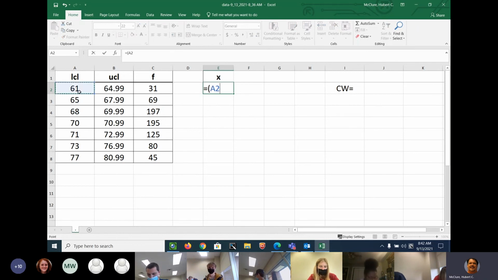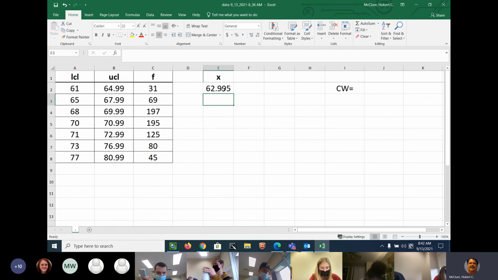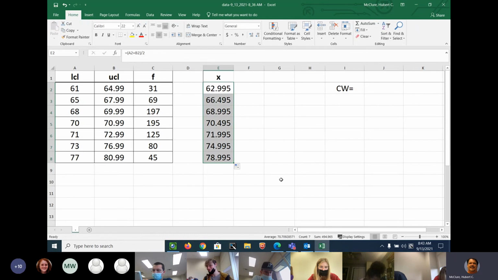The midpoint, 61 plus 64 divided by 2. And there's your midpoints. So write those midpoints down, but I wouldn't even do this problem.